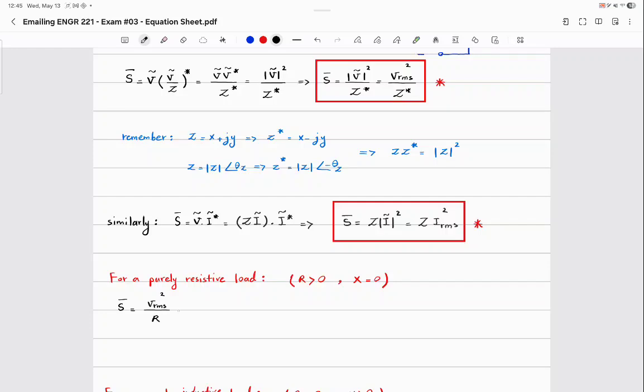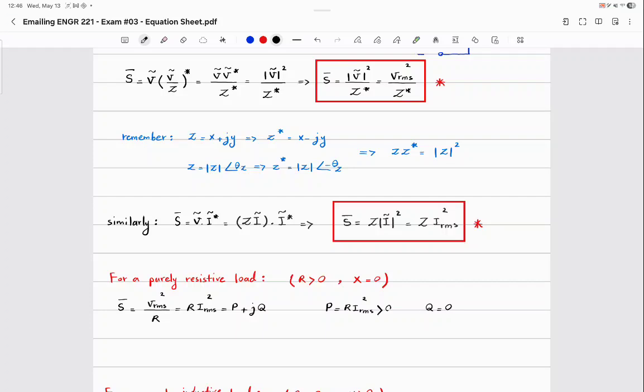Let's use the second equation. Again, what's the impedance of R? It's R. I rms squared. So this is my S. And you know that S bar is always equal to P plus jQ. Now, based on this equation, can you tell me what is P and what is Q? Q is 0. P is R I rms squared. What can you tell me about the sign of P?